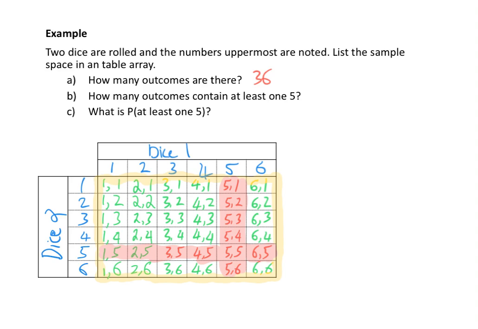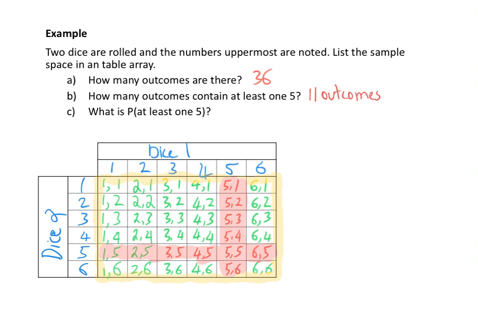So I've now highlighted all of my possible options that contain at least 1 five, and that is a total of 11 options. So how many outcomes contain at least 1 five? 11 outcomes.